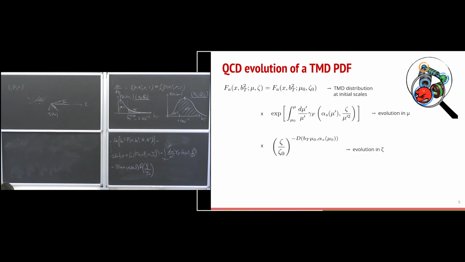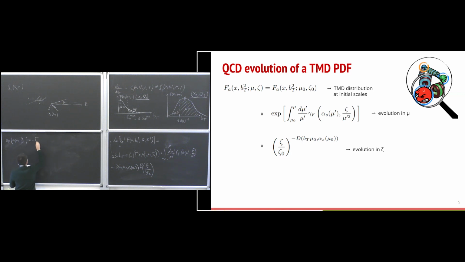So gamma f, the anomalous dimension for the evolution in mu, is the sum of 2 things.